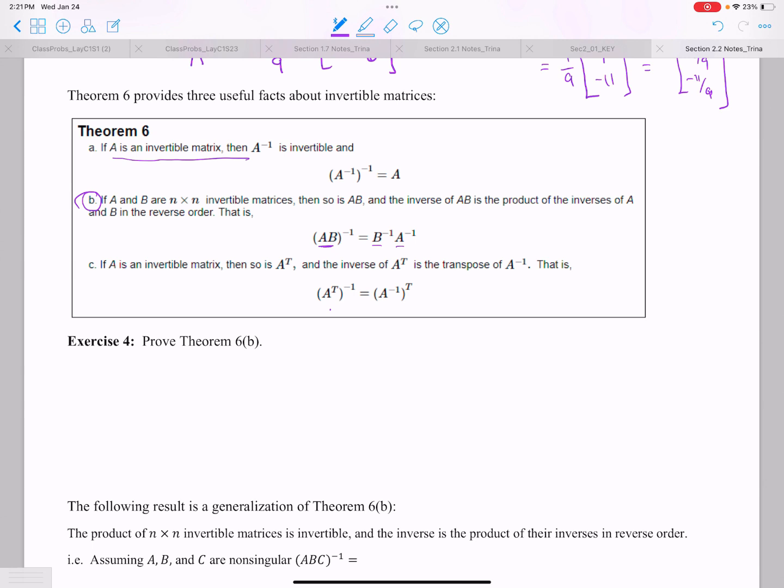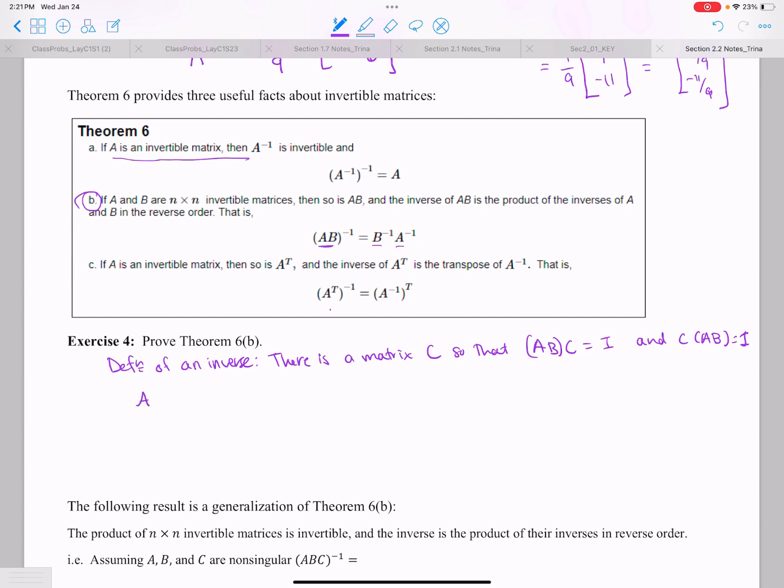So I'm going to say the definition of an inverse. There is a matrix C so that AB times C equals the identity, and C times AB equals the identity.